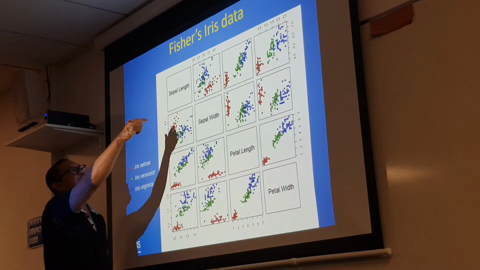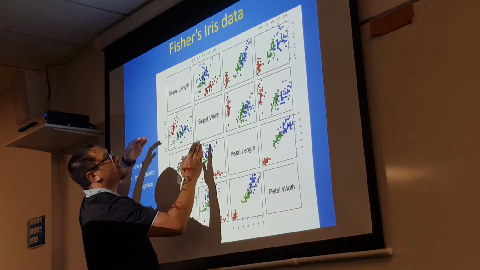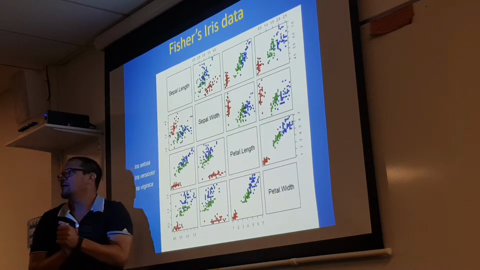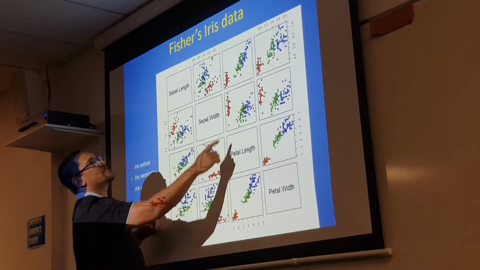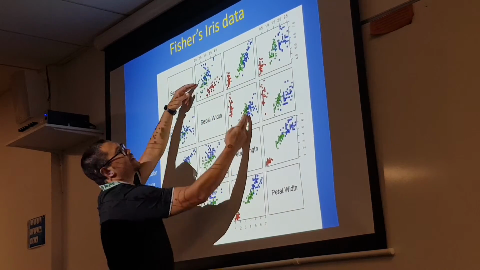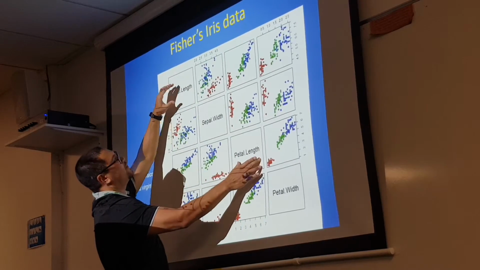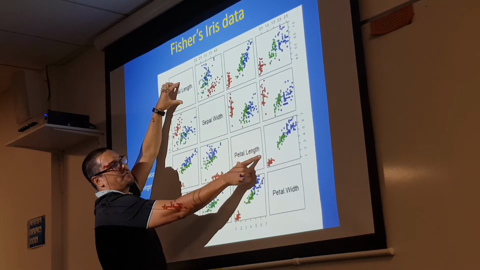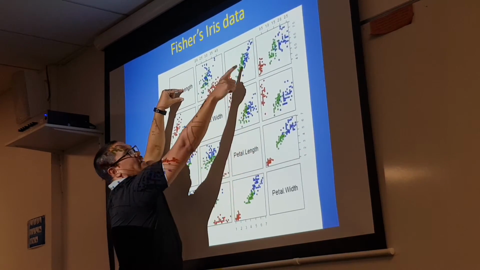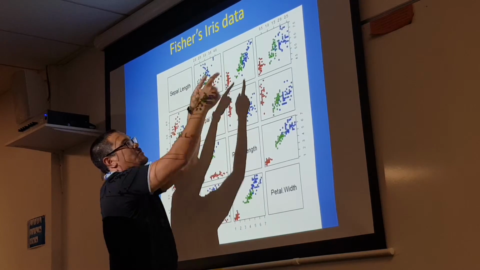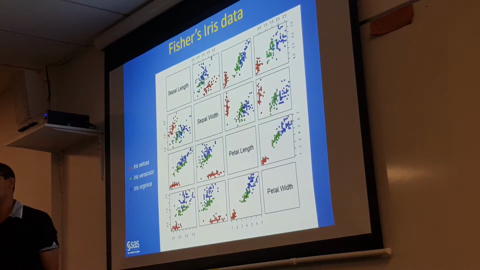So remember the covariance matrix has the variance down here and then how they covary. So these two variables are very correlated. So you would know that the covariance matrix would have the variance of sepal length and petal length in these elements here, and this would be the covariance between the two, and that would be some big positive number.